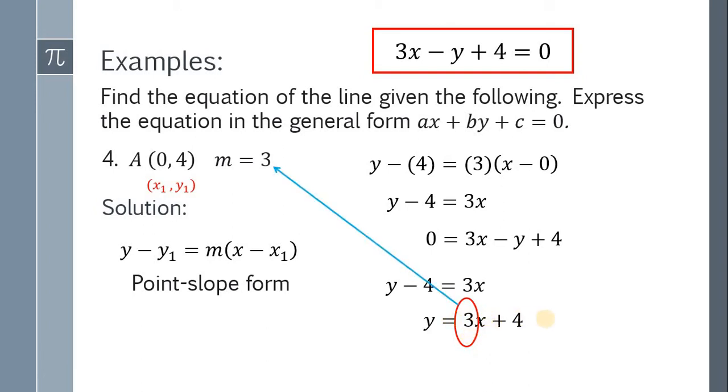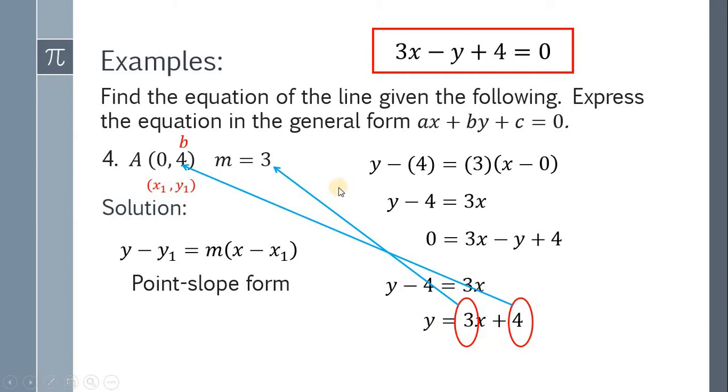Okay? Familiar ba kayo dun sa 4? Yung 4 kasi, iyan yung y-coordinate ng ating point A. Kung mapapansin, yung ating point A ay 0 yung x. Ibig sabihin, yung point na to is along y-axis, o nasa y-axis siya. Sila lang din yung lumabas dun sa ating equation.